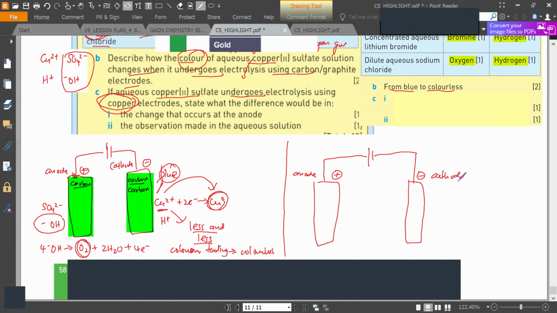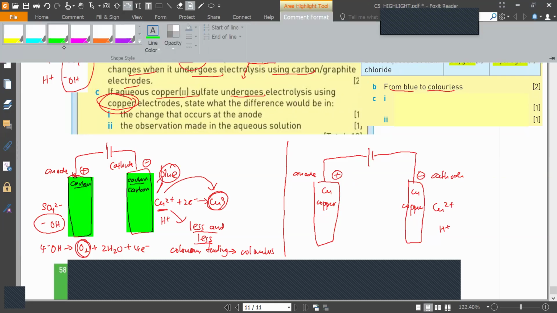Here we still have copper 2 plus and hydrogen ions. Now this is the Cu, copper electrode, and this is also the Cu, copper electrode.